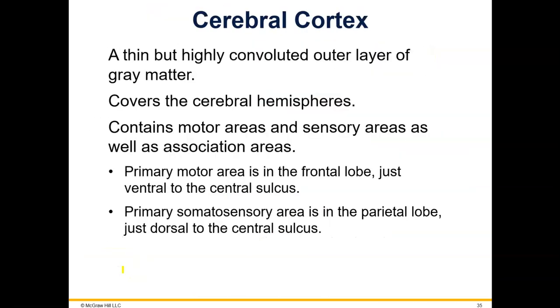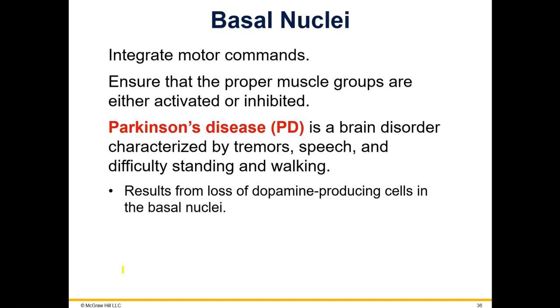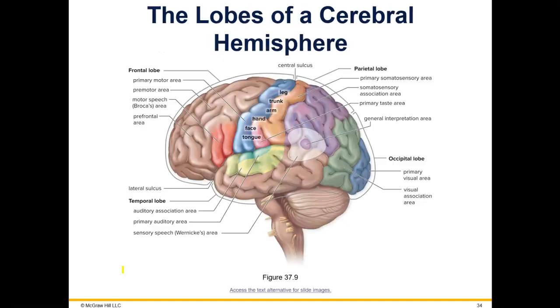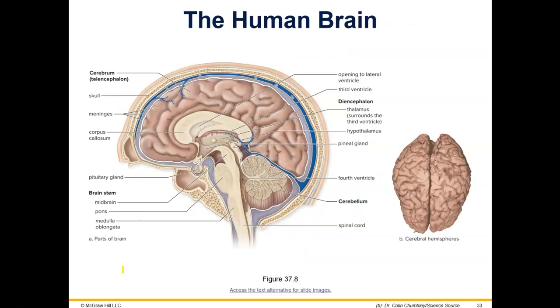All right. Now, the cerebral cortex, we went over, contains these structures called basal nuclei. Let me show you where they are. This picture does show you the ventricles.